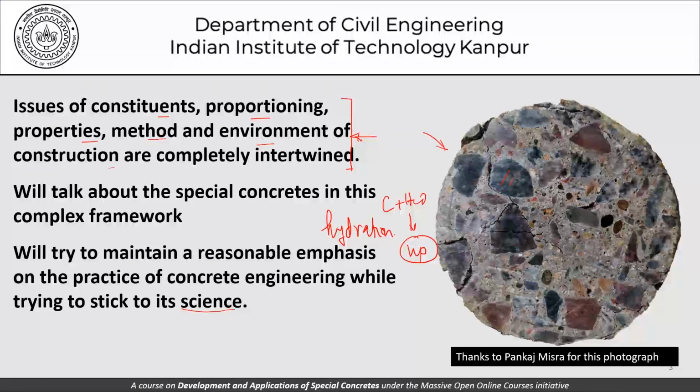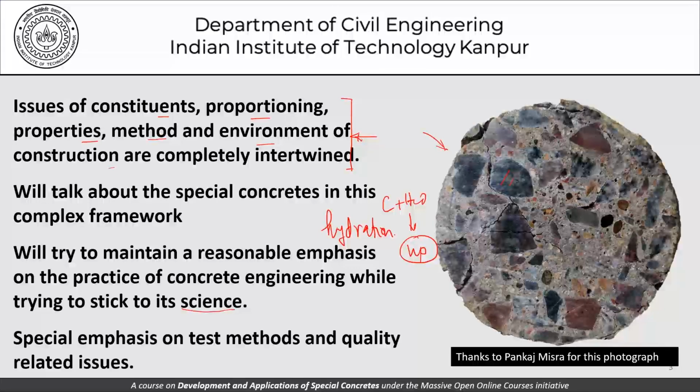There is the chemistry of cement, the chemistry of hydration, the thermodynamics of hydration, and the rate of hydration. It depends on temperature and a lot of other things. But the engineering part of it is how we use the scientific knowledge in real life. So we will keep track of this real life scenario very closely as we go along in this course.